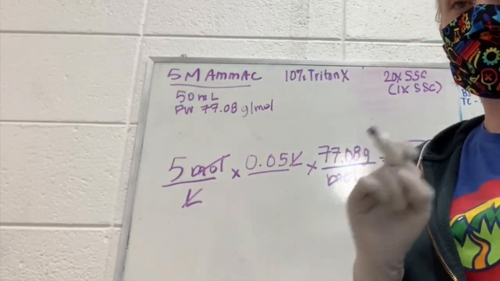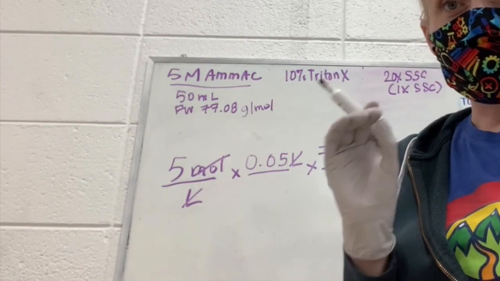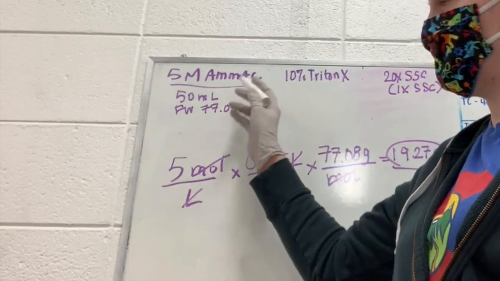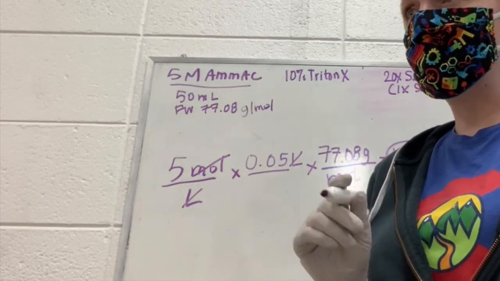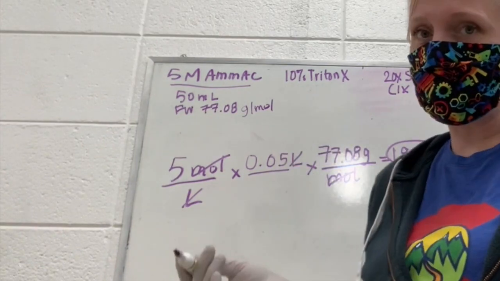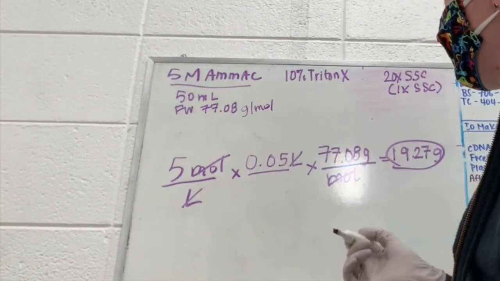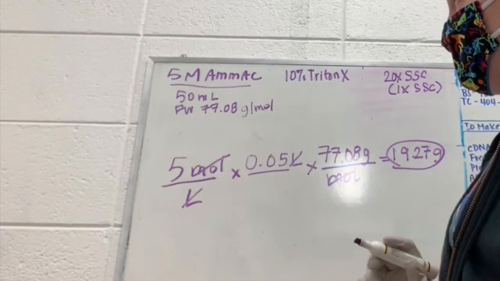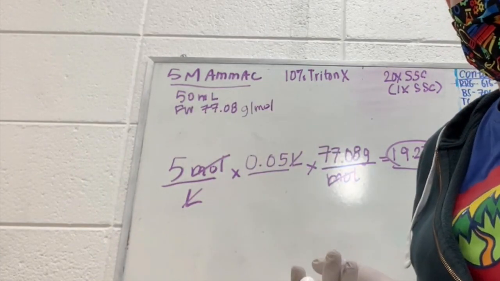fill up to 50 mLs with RNase-free water, just because that's how we make this specific solution. You might fill this up with ultra-pure water if you're making something else. You can ask questions if you're not sure what water to use. And then that would make a 5 molar ammonium acetate solution. So I'll make a video of that in a moment.